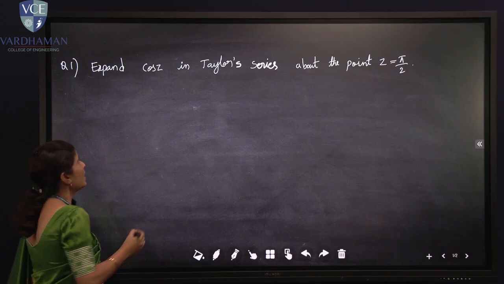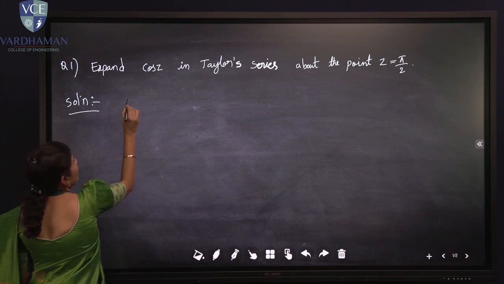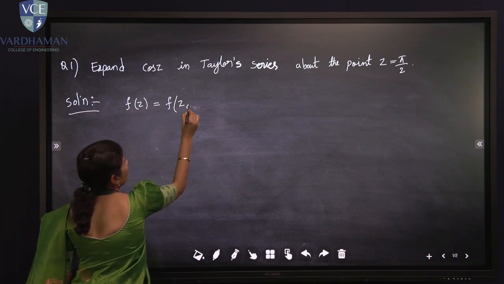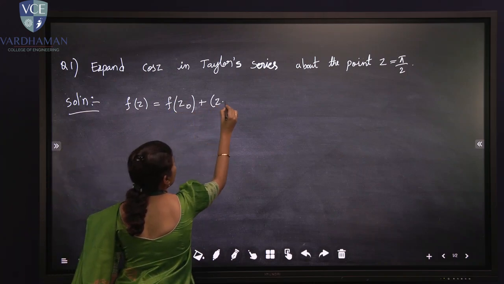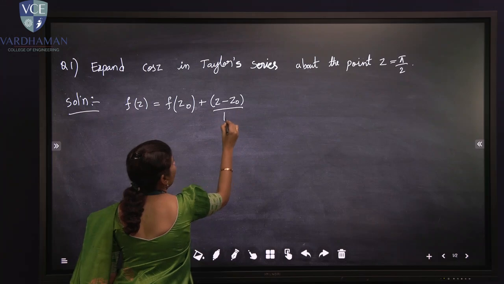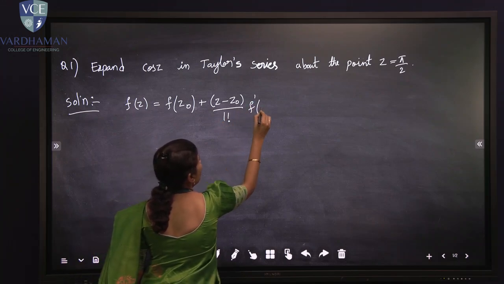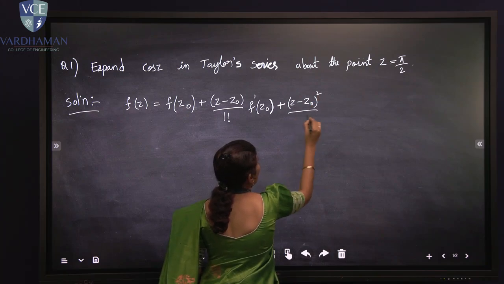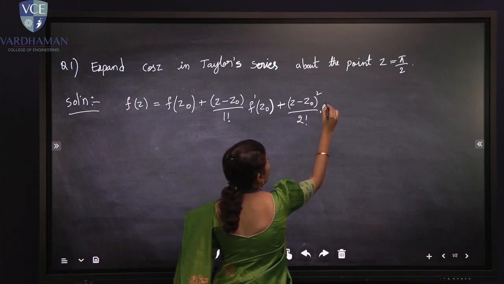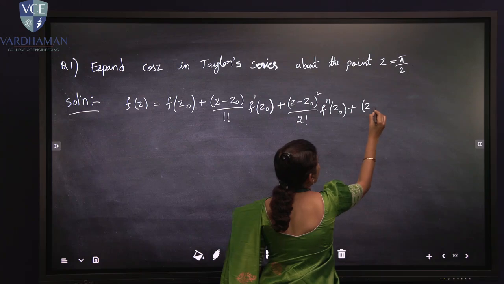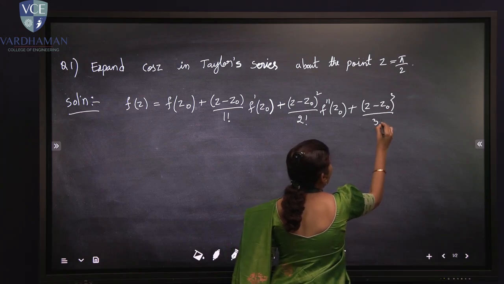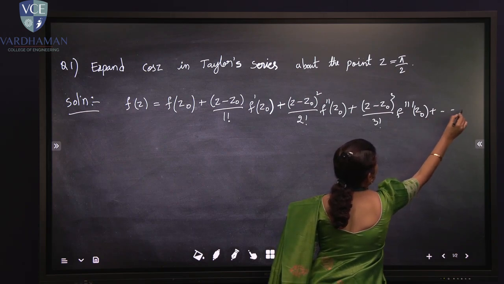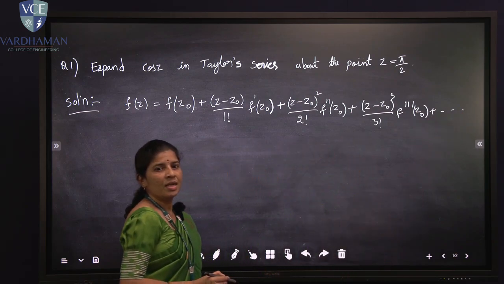First we will write the Taylor series expansion. f of z equals f of z naught plus (z minus z naught) upon 1 factorial f dash of z naught plus (z minus z naught) whole square upon 2 factorial f double dash of z naught plus (z minus z naught) whole cube upon 3 factorial f triple dash of z naught plus so on. This is the Taylor series expansion.